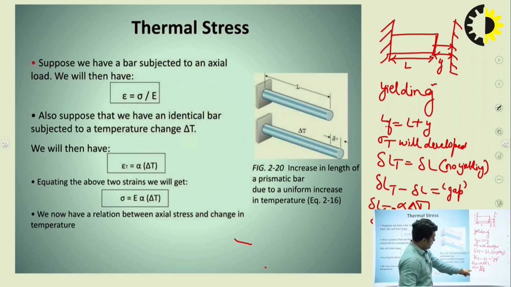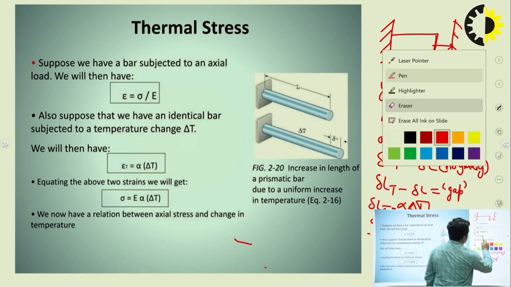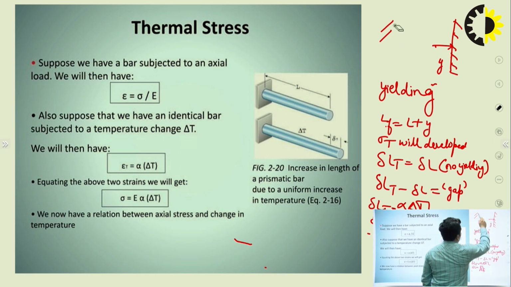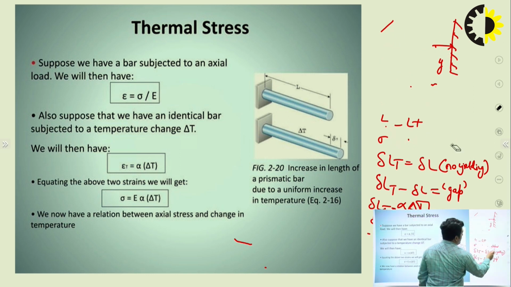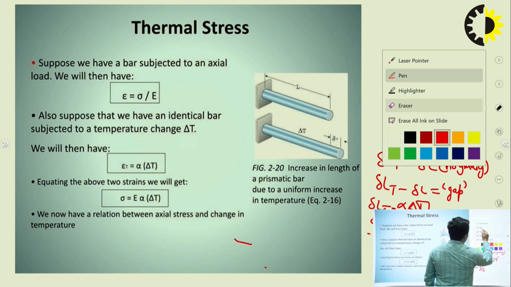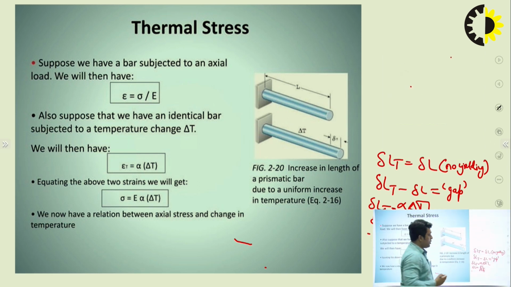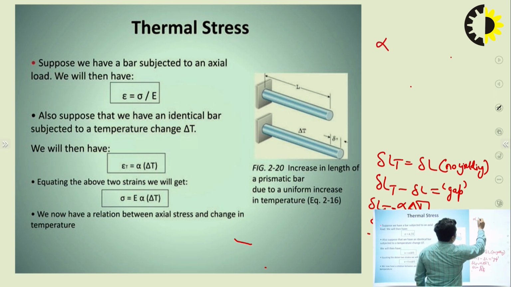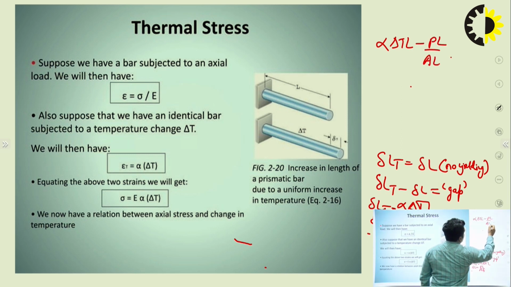So if I move further and take the equation I mentioned at the bottom and put it here, what is delta LT? It is alpha delta TL minus PL upon AE equal to Y. What is this Y?